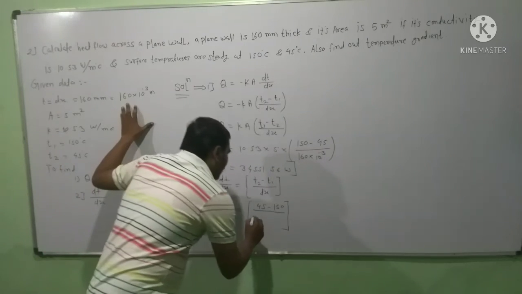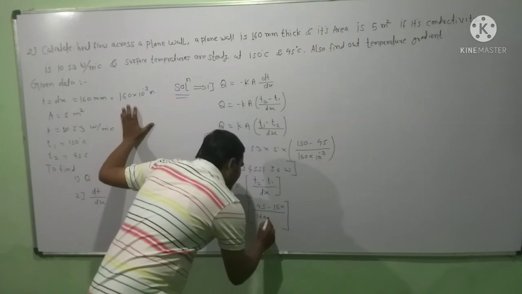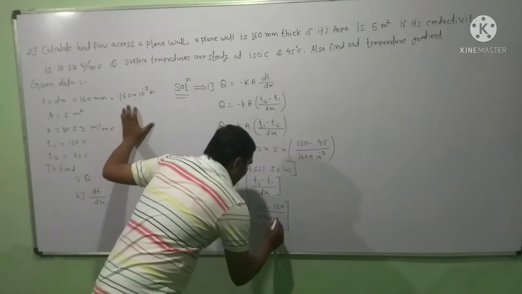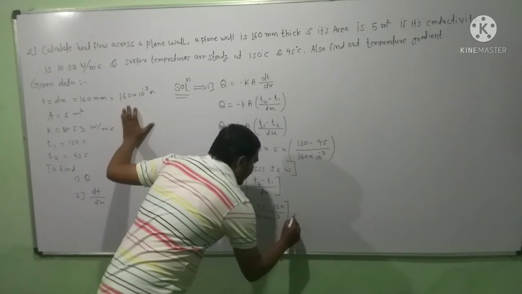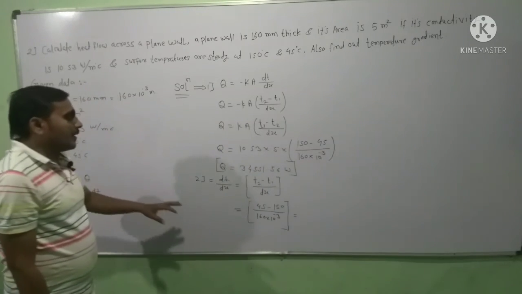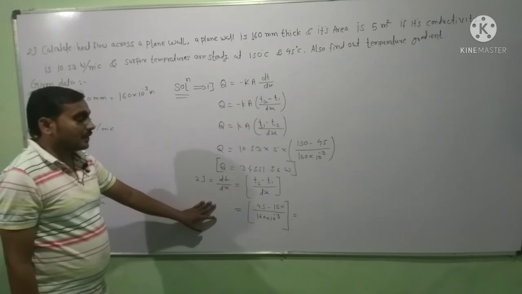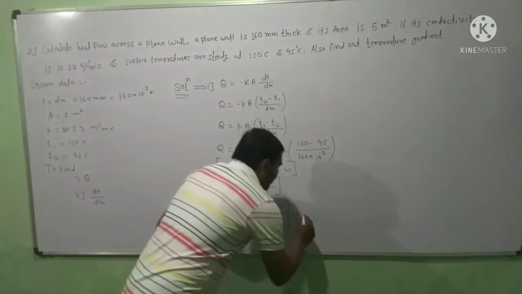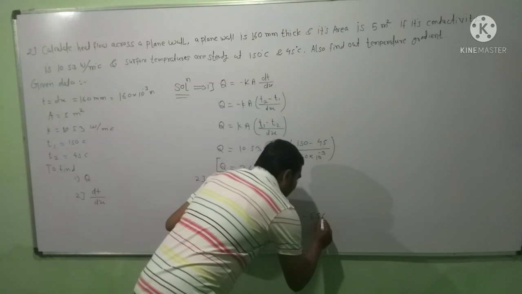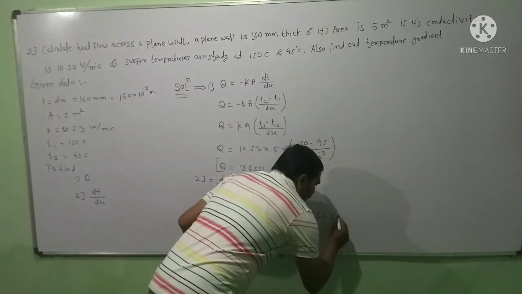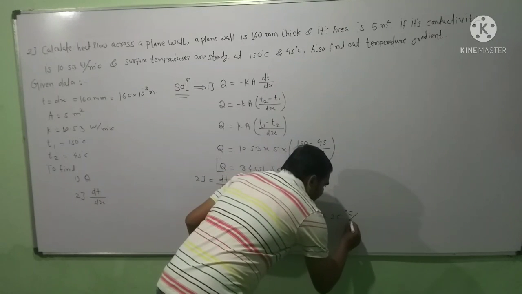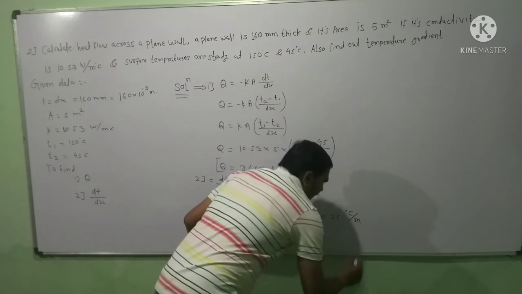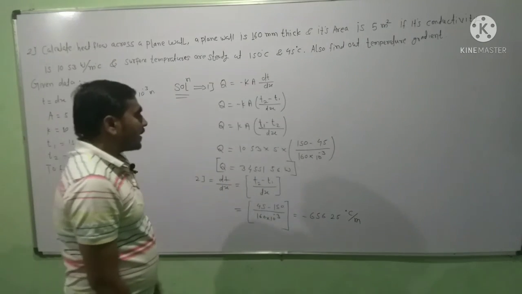That is nothing but 160 into 10 raised to power minus 3. And friends, we have obtained temperature gradient, that is minus 656.25 degree Celsius per meter. This is your temperature gradient.